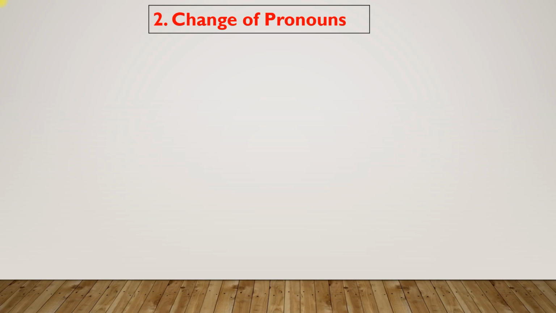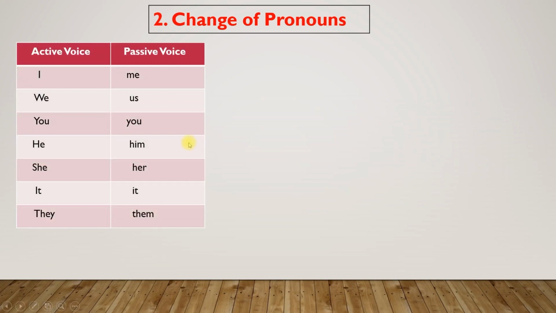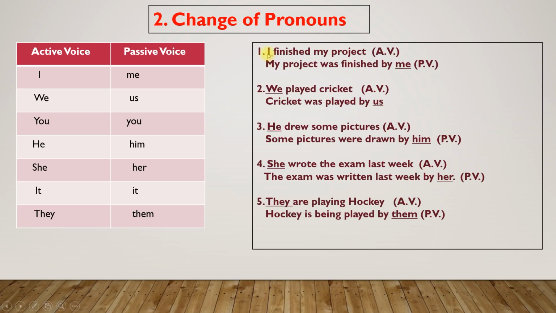Yeah, and change of pronouns. So this particular chart will help you. Some pronouns change into passive. First example, I finished my project. So here, how does I change into passive? For example, I becomes me in passive.